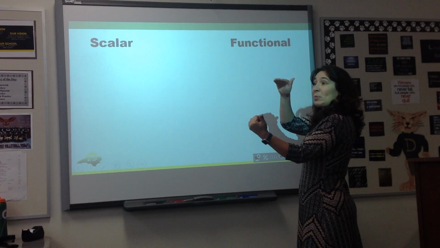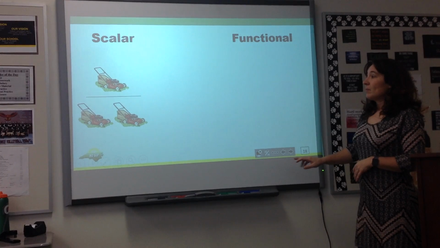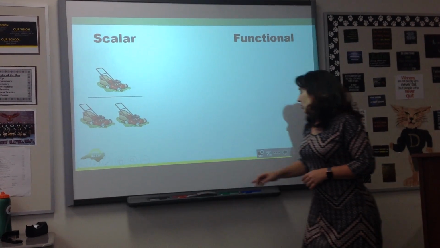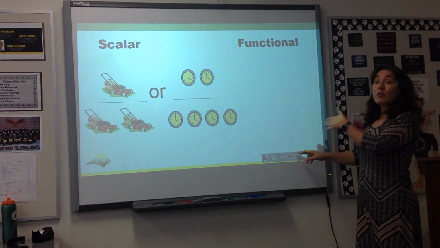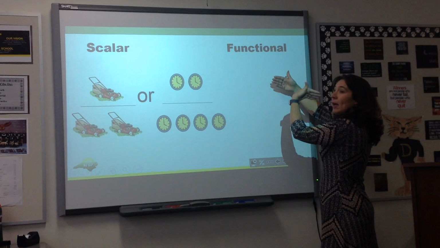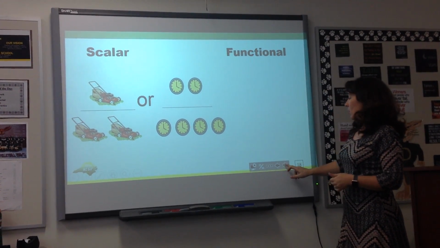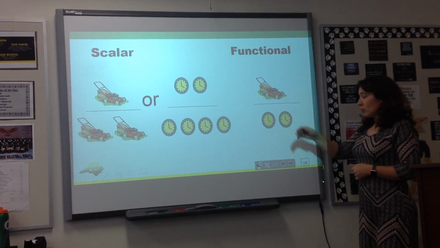And that relationship should be the same as the hours to the next hours. Okay? We're comparing lawns to lawns or hours to hours. Whereas in the functional relationship, recall, we're making that comparison between the lawn and the hours. We're going across units. 1 lawn in 2 hours.